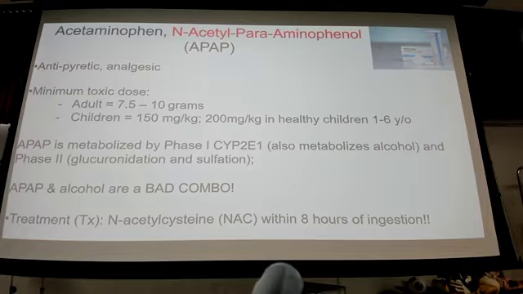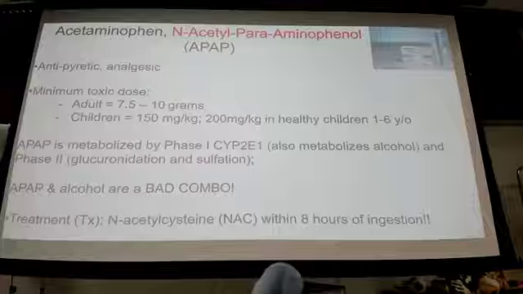So APAP is metabolized by 2 phases of metabolism. Phase 1 is cytochrome 2E1. Phase 2 is glucuronidation and sulfation reactions. Phase 2 predominates as the metabolic means in this pathway, and we're going to discuss that in a couple of slides.